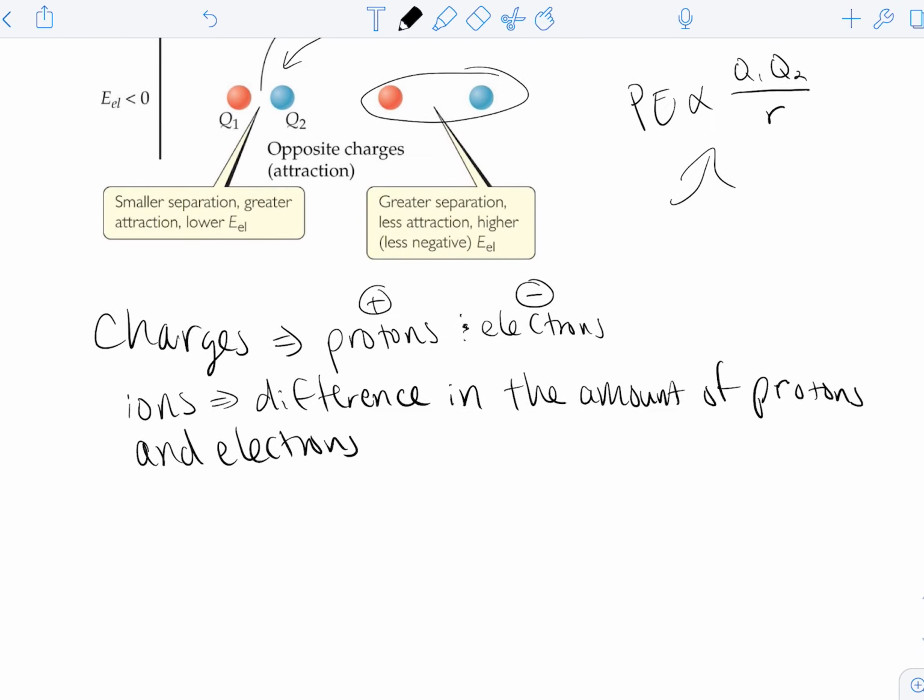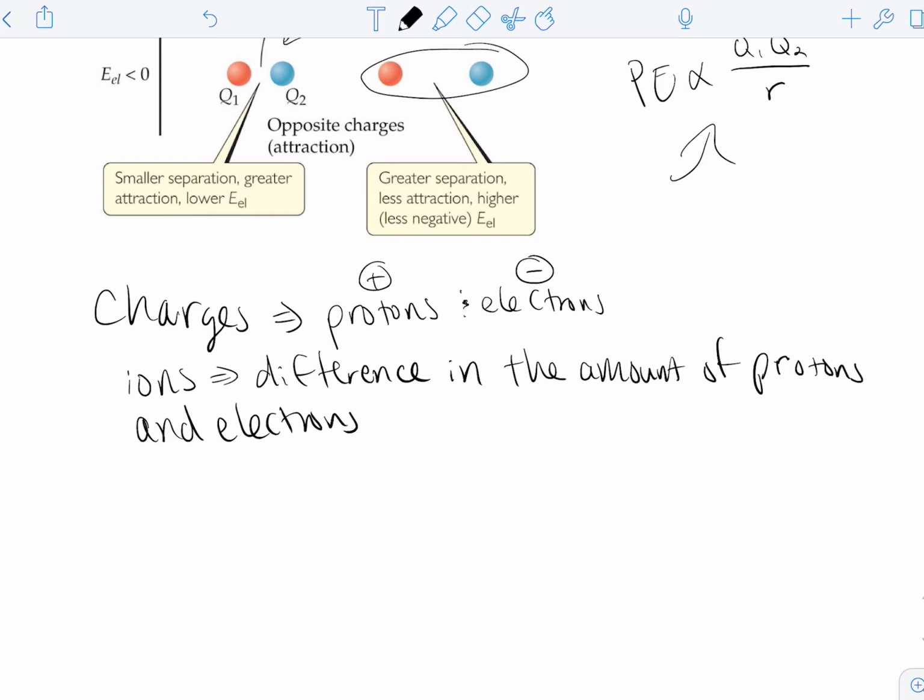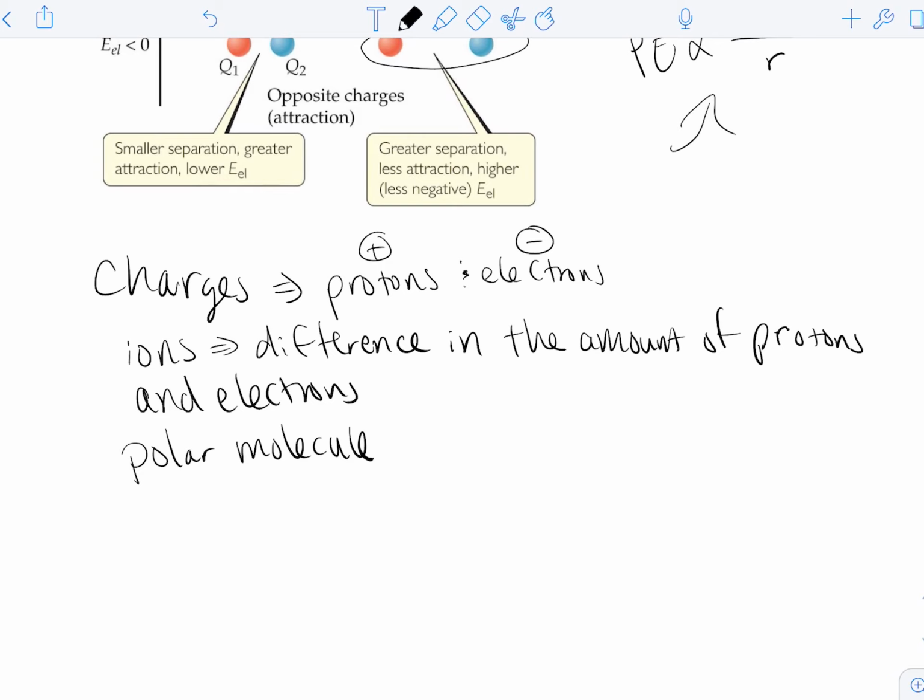Okay. We also, hopefully, remember another imbalance of protons and electrons when we have a polar molecule. Okay, with a polar molecule, we've got partial charges. So ions have full charges, but polar molecules have partial charges. And it is again because of an imbalance of those protons and electrons.